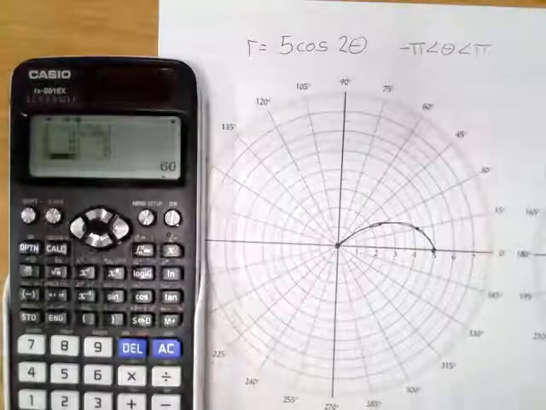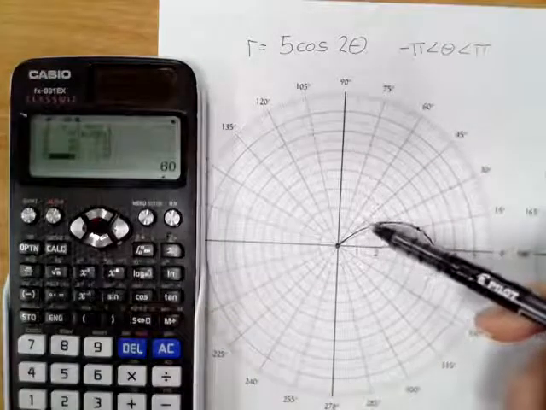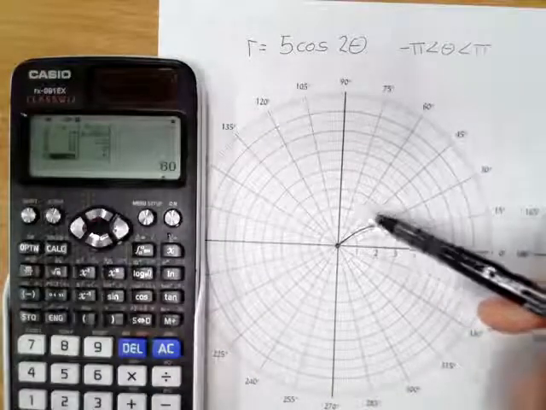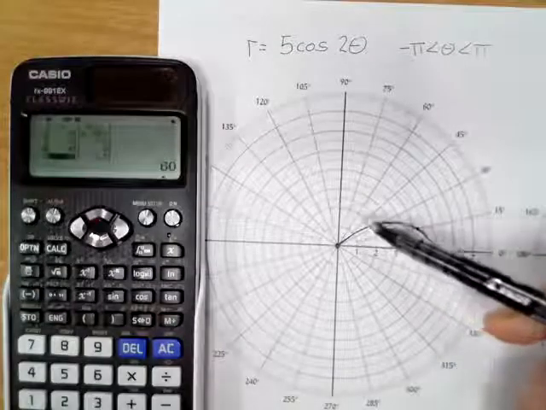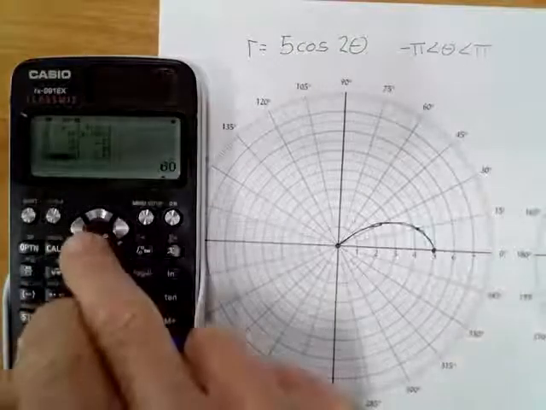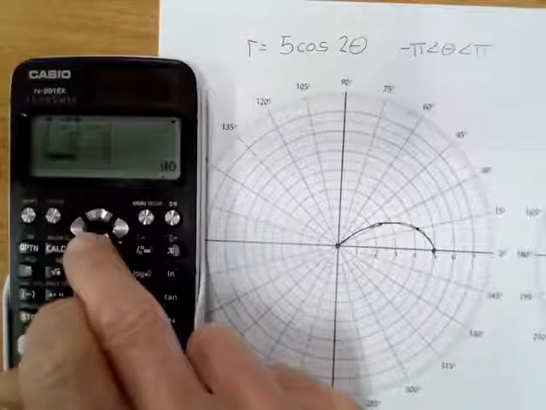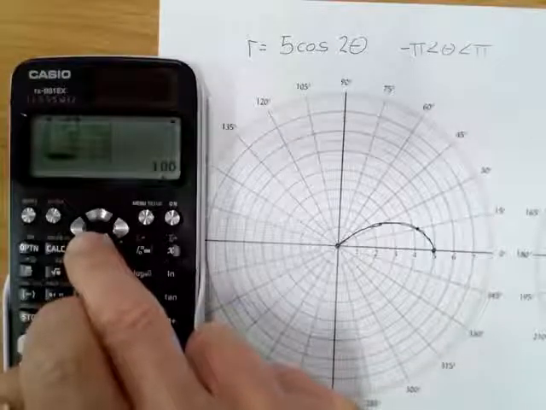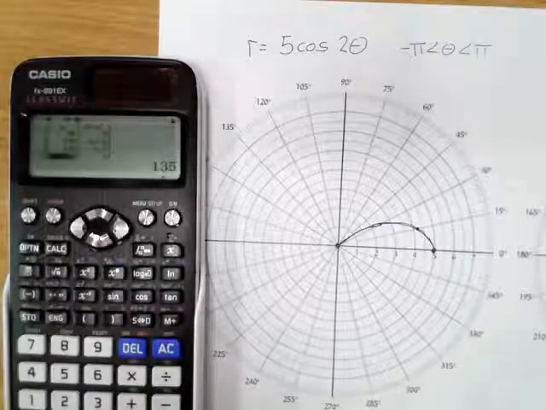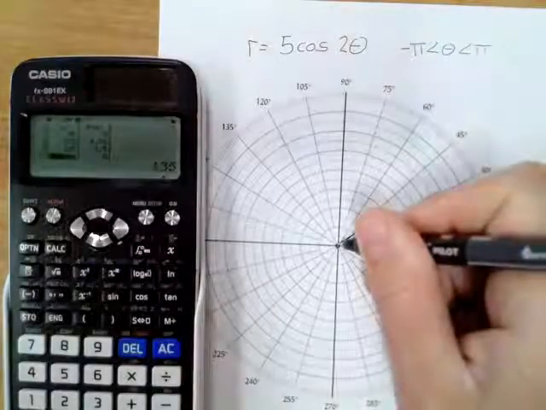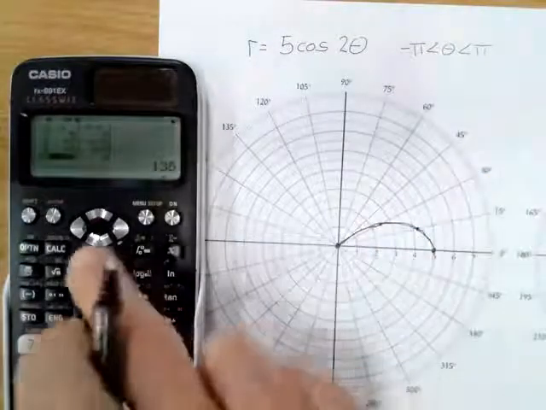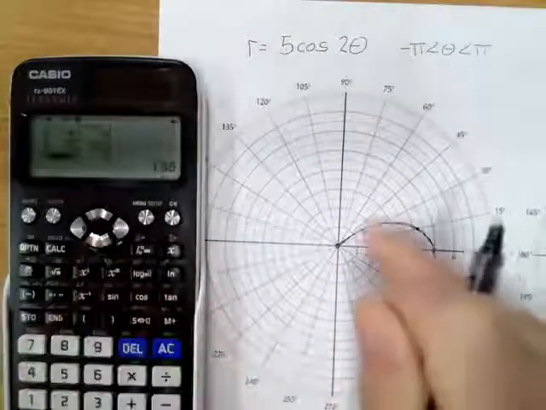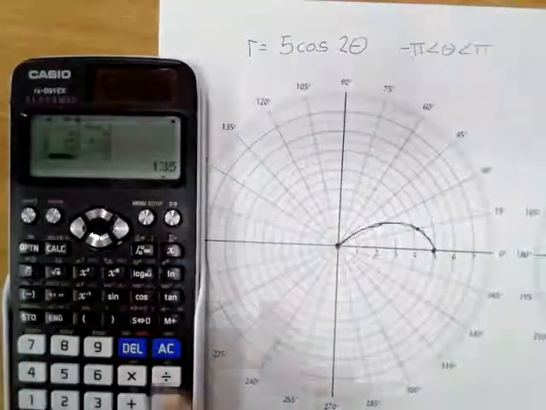So what that means is we're going to have a kind of dead zone, if you like, round here, where nothing's going to happen until I get a value of 0 again. And that value of 0 doesn't occur until I get to 135 degrees. So between 45 and 135, nothing gets plotted at all.